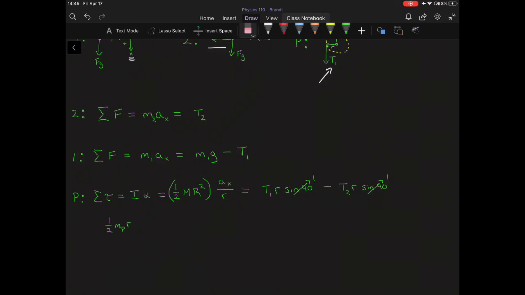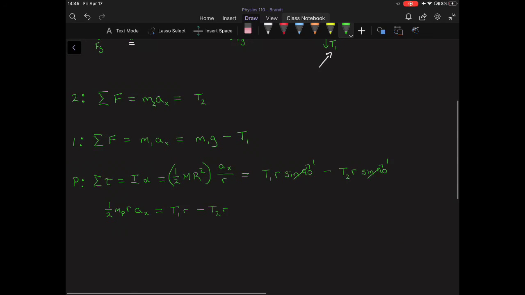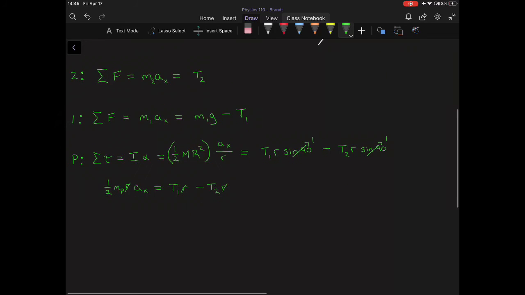A_x is also going to be equal to T1 times the radius minus T2 times our radius, and this R is going to cancel. So if we simplify again, 1/2 the mass of the pulley times the acceleration in the x direction is equal to T1 minus T2.